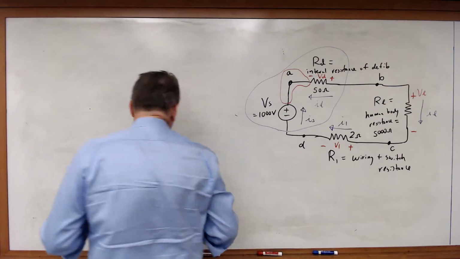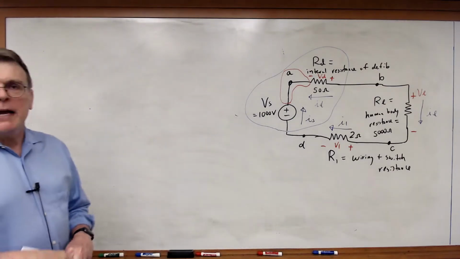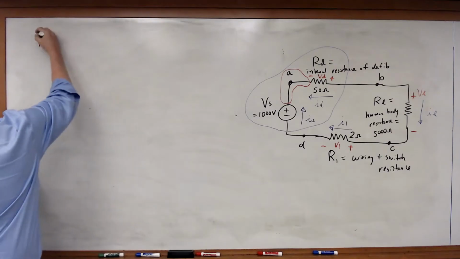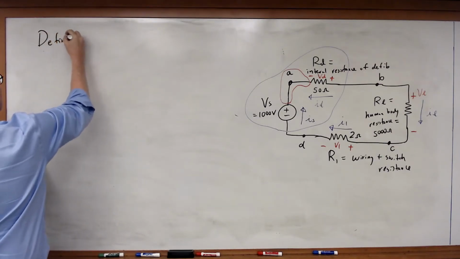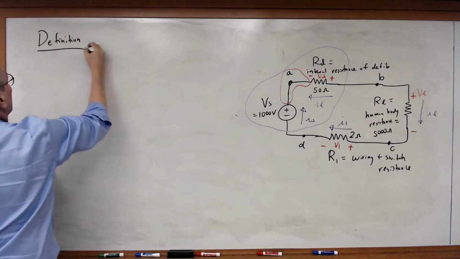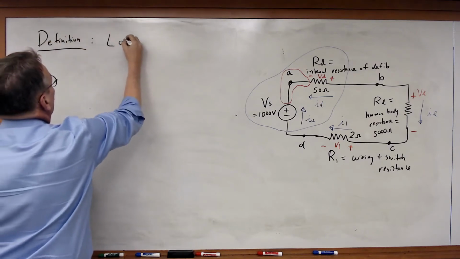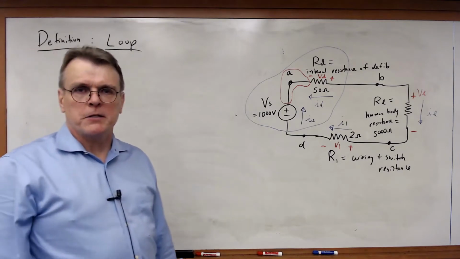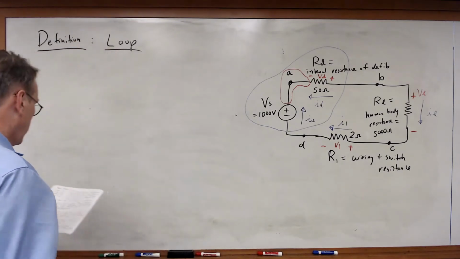All right. So in order to apply KVL, we need a definition for a loop. What is a loop in circuit analysis? Specific meaning.